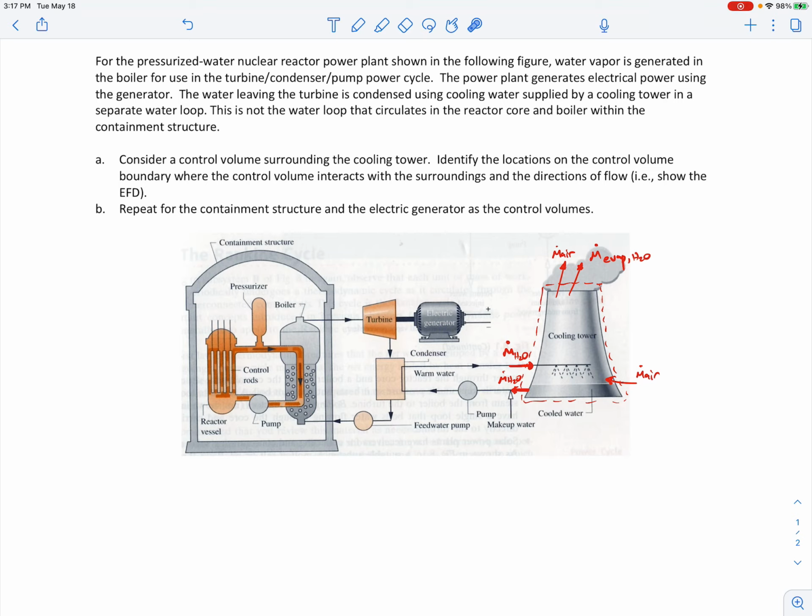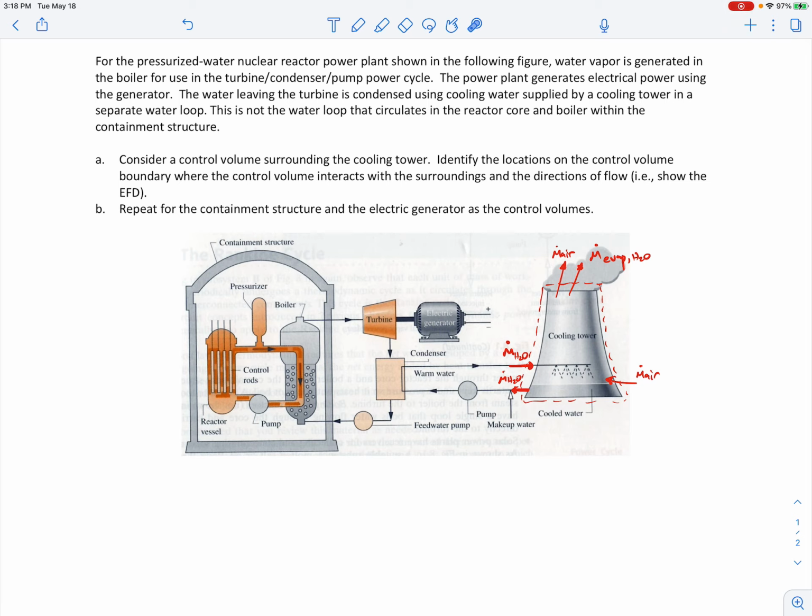There is a little bit of energy transfer, I would assume, that's occurring here. There's probably some heat transfer occurring along the walls of the cooling tower because it's warm in here, but that's probably negligible. The temperature of the water here is not that high, so there's probably very little heat transfer occurring through the walls here.